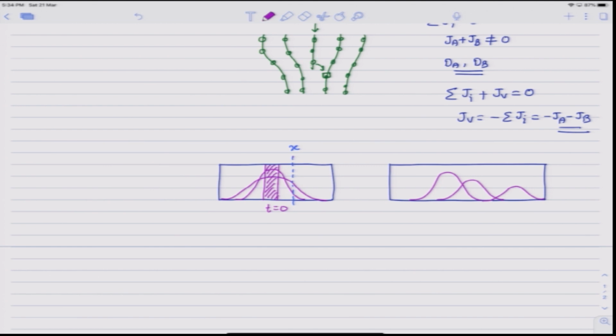Now if I want to evaluate the flux at the same position x, I now need to consider intrinsic diffusion as well as the velocity of water. What I can measure is the total flux, that is the interdiffusion flux, but in order to separate the intrinsic term from there, I need to measure the velocity of water. Let us call it V.